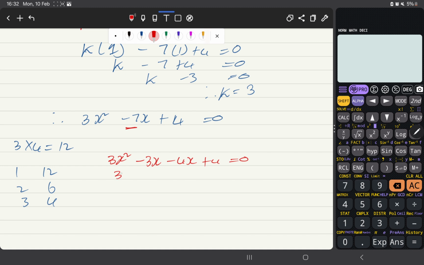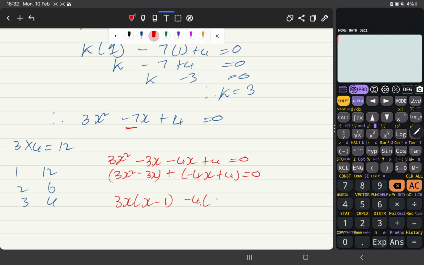Then I can group them. 3x squared minus 3x, the first group, plus minus 4x plus 4, right? Then I take out the common factors. I have 3x(x minus 1), and then I take out a common factor again, which is minus 4.